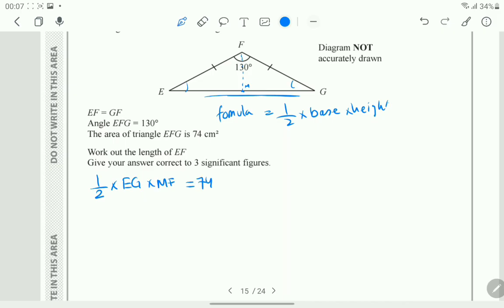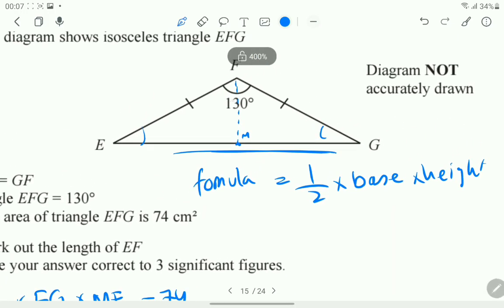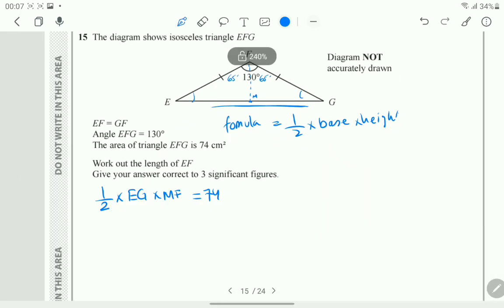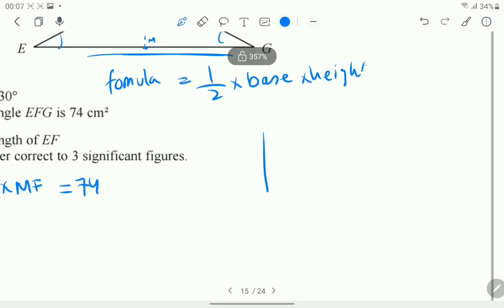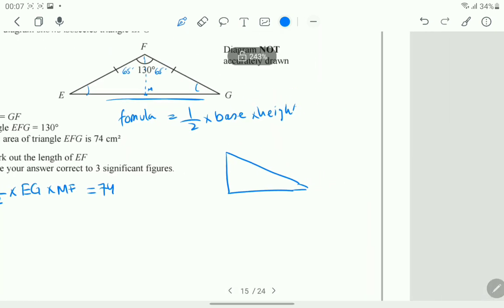Now there are a lot of missing things in this question, so we need trigonometry to solve this. So if we cut it in half, this angle will be cut into equal halves, 65 degrees and 65 degrees. Let's take an image of this angle. Let's assume that this is our hypotenuse.